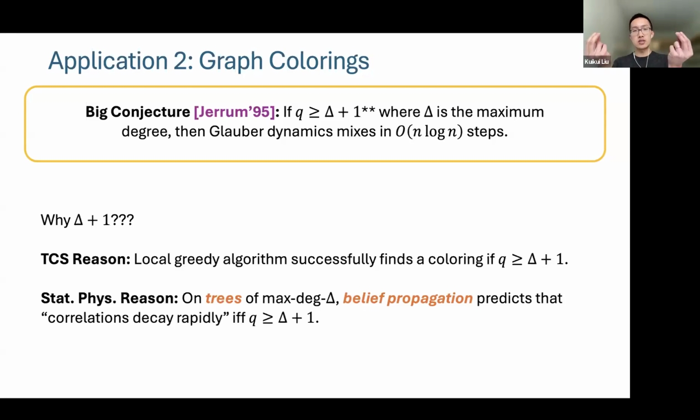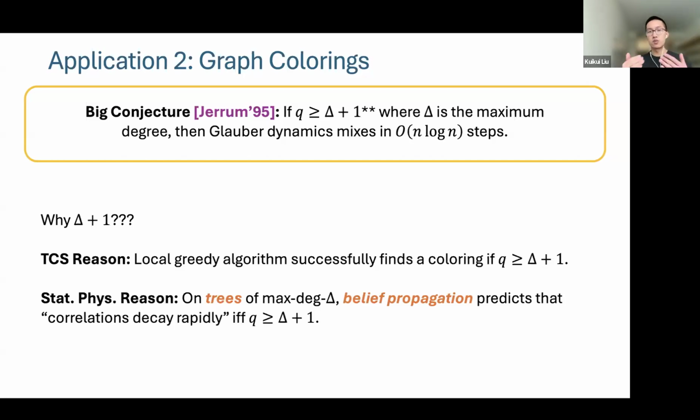If I look at two vertices in the tree, U and V, each of them receives a random coloring, right? And the claim is that if the number of colors is at least delta plus 1, then the correlations between these two random colors are going to be exponentially small in the distance between these two vertices.